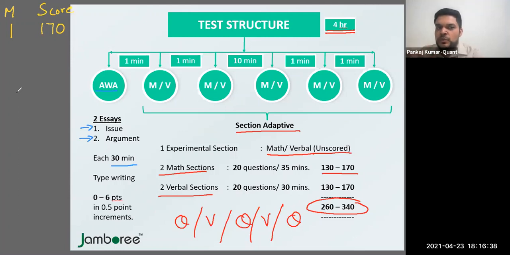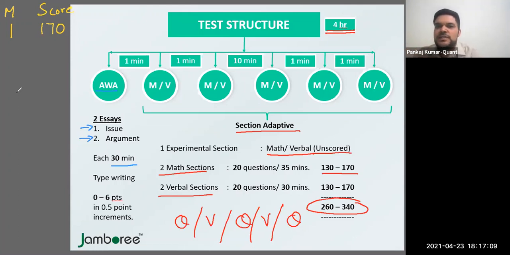It depends where exactly you made that mistake. You made the mistake in the first section, or in the second section, in a difficult question, or in an easy question. Each and everything is important. There are different patterns and different scoring styles with 3 mistakes, 7 mistakes, 10 mistakes, 12 mistakes. This is the best way to understand how much score we want.